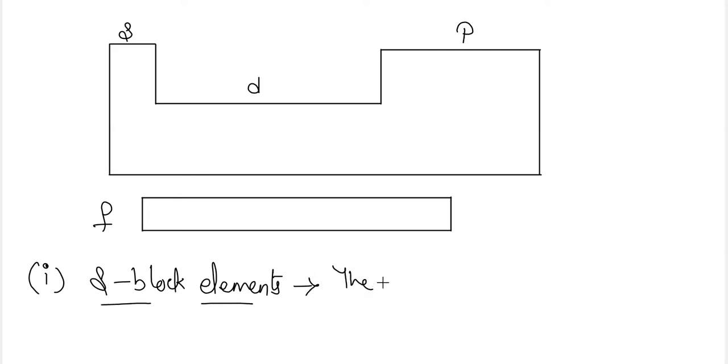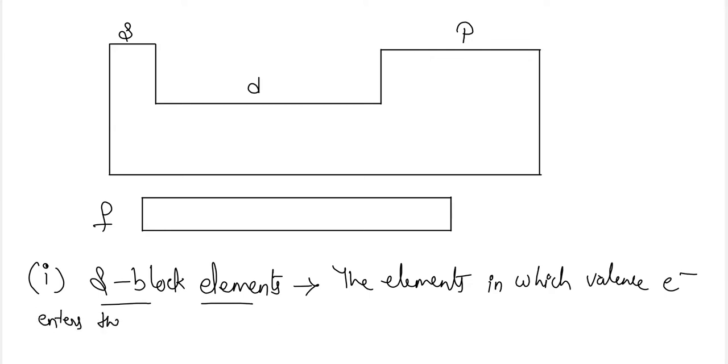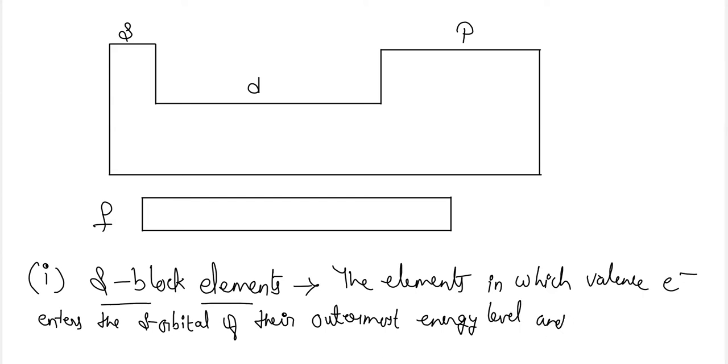The elements in which the valence electrons enter the s orbital of their outermost energy level are called S block elements.